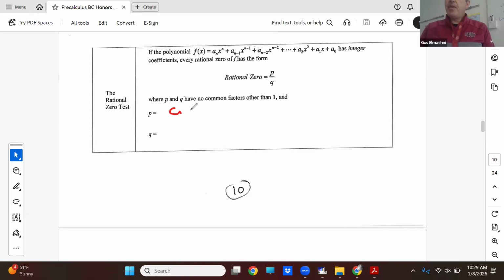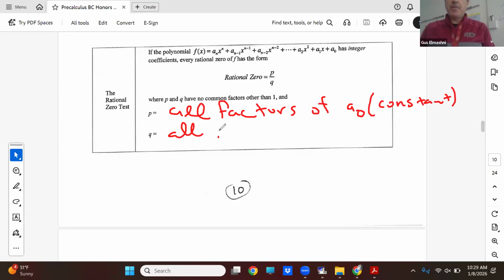Yeah, all factors of a sub 0, which of course is the constant term that does not have x. And what does Q represent? Yep, all factors of a sub n, which is your leading coefficient.